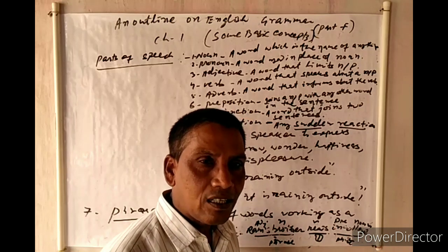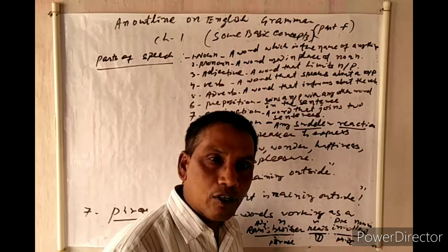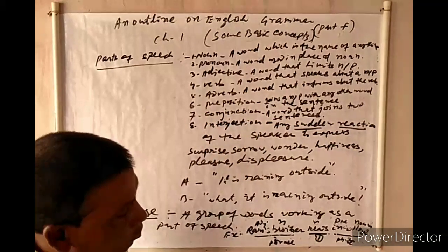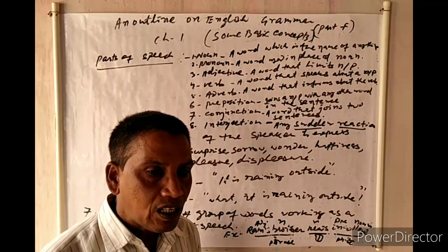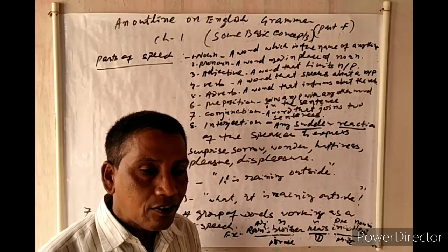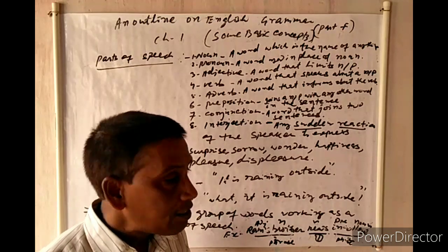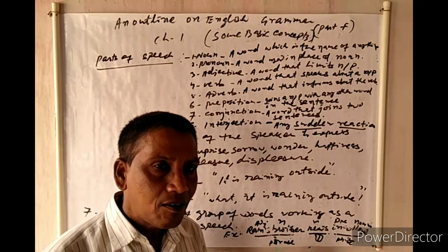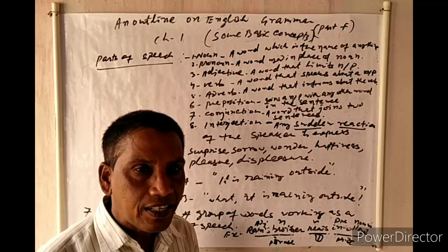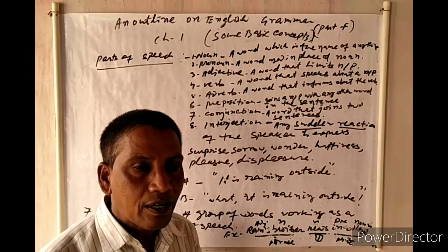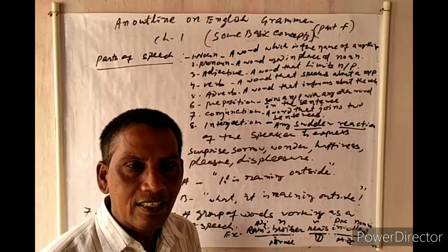In our later classes, when we'll be studying more about phrases, we'll come to realize that you get phrases in the name of all the parts of speech except pronoun. So there's no pronominal phrase for pronoun, but you'll get a noun phrase, an adjective phrase, a verb phrase, an adverb phrase, a preposition phrase, a conjunction phrase, and an interjection phrase.